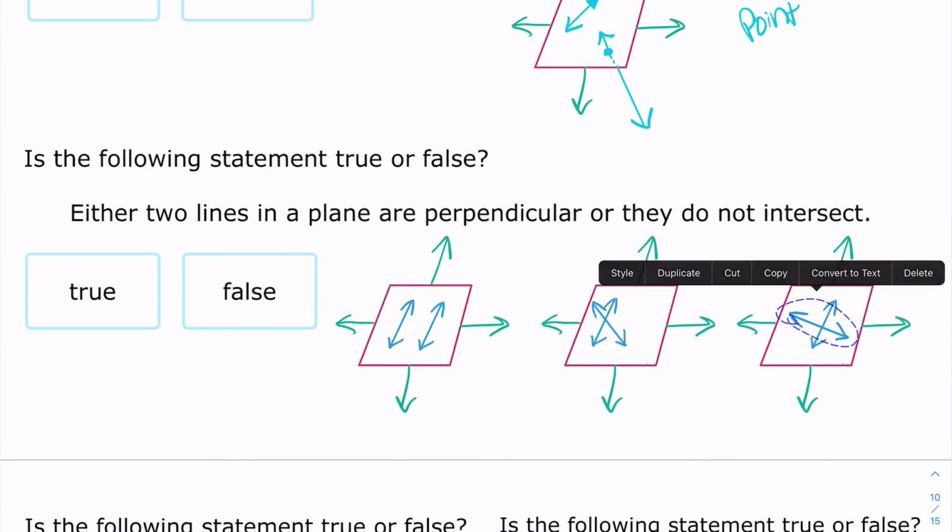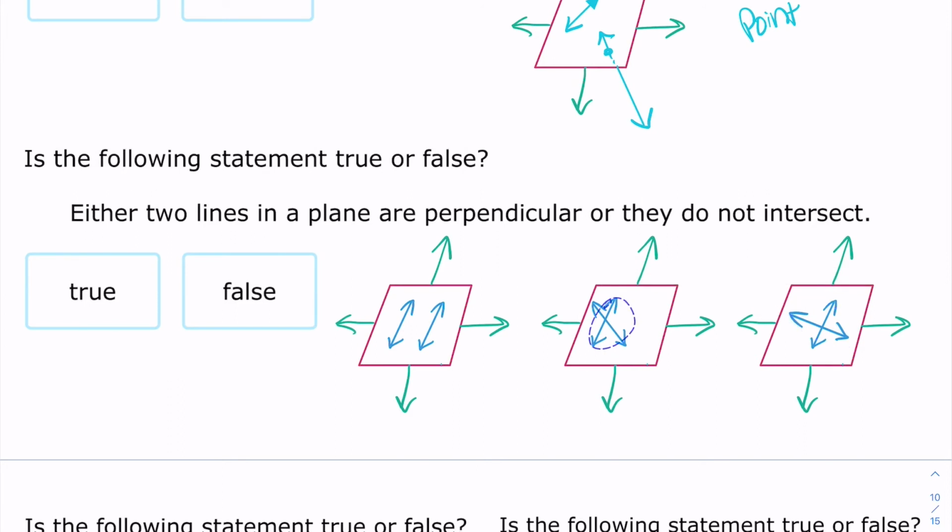All right, so we have parallel, we have intersecting, and we have perpendicular.